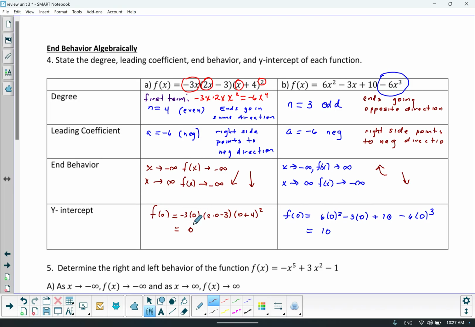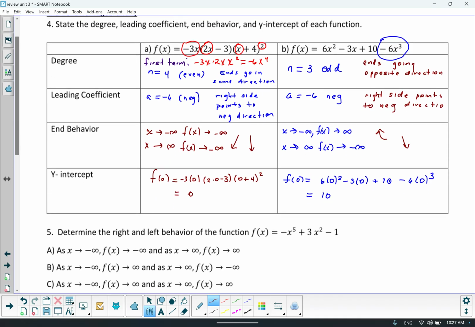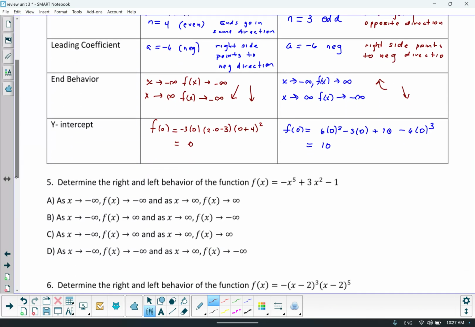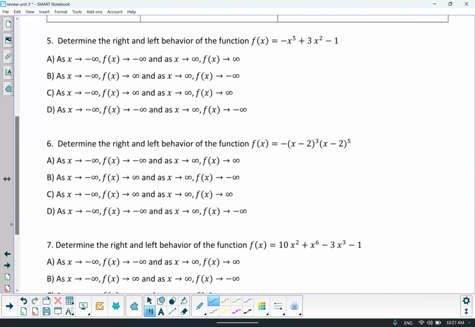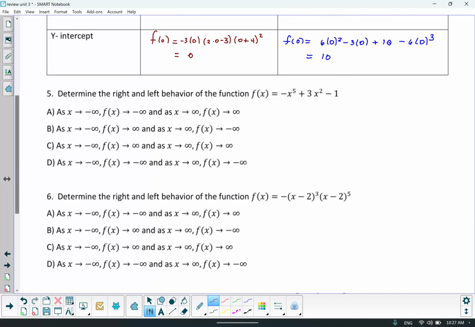Because once we have that first term of 0, the whole thing is going to become 0. And that's just the y-coordinate of that function. We'll just go through the rest of the end behavior problems, and then I'll make another video for the other problems. Okay, so we just reviewed a little bit about the end behavior.